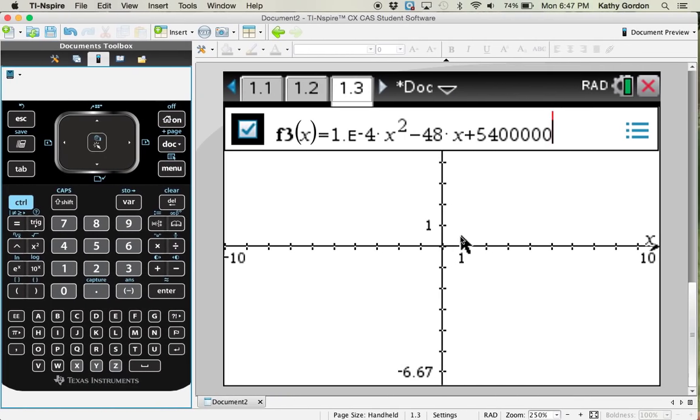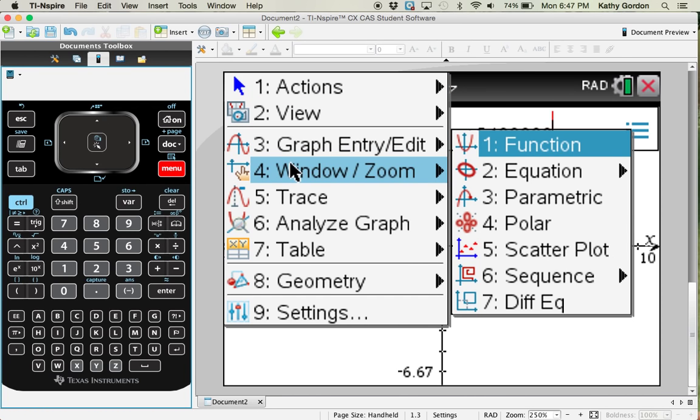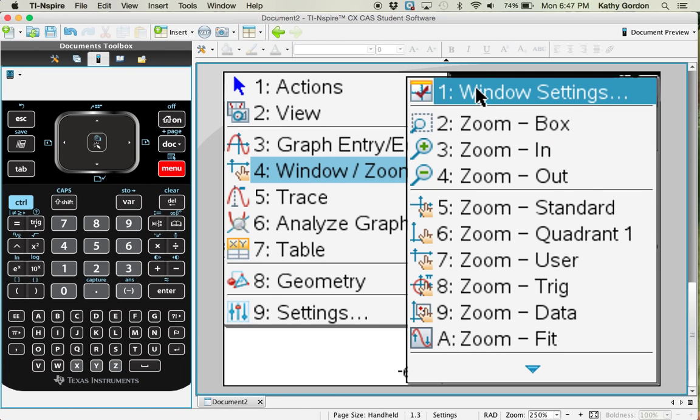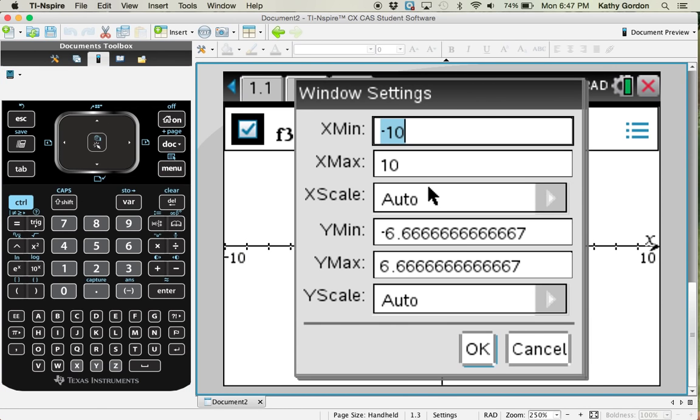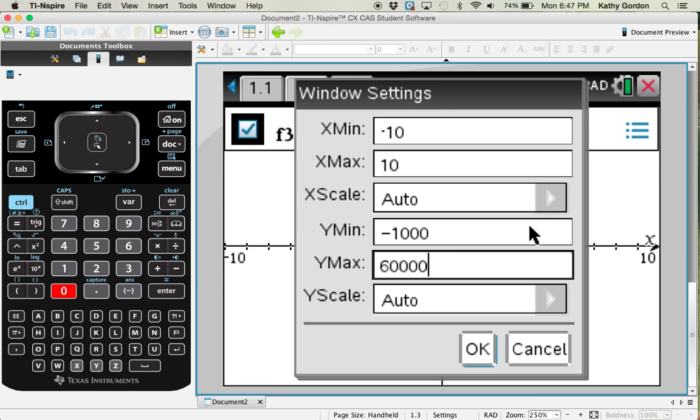So the first thing I'm going to do is adjust my window. For sure, I'm going to adjust my window so that my y values are going to go from, let's say, a negative 1,000 to start, up to a positive 6 million. Now I may need to adjust this.